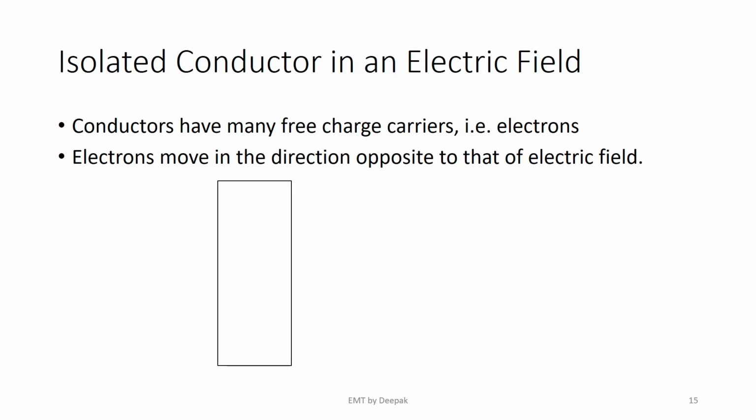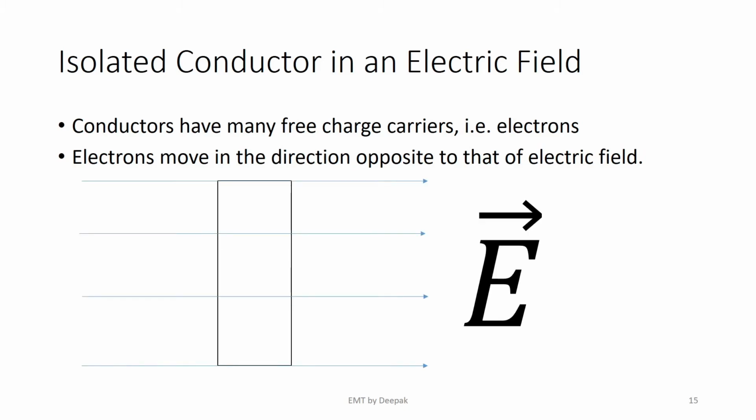Imagine that you have a conductor over here, and this is the direction of electric field. There is an electric field, and a conductor is placed inside an electric field. Right? Now all the electrons would be going this way, and all the positive charges should move this way. Right? That is the definition of electric field intensity.